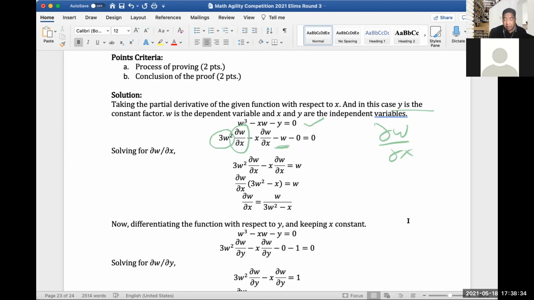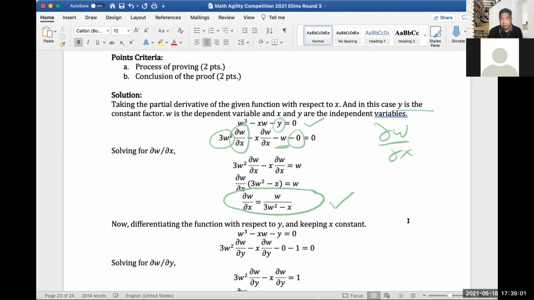And then the partial derivative of a constant, y, is 0, and that is equal to 0. So if we solve, partial of w over partial of x would be w over 3w squared minus x.